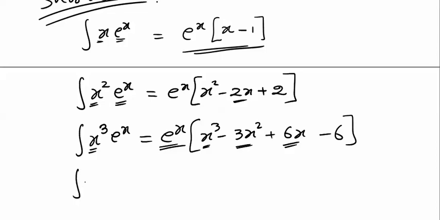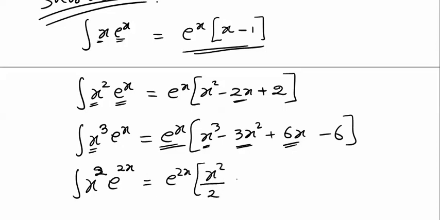Supposedly you have x square e raised to 2x. E also has a power. So it is nothing but e raised to 2x into x square by 2, sorry, not plus.